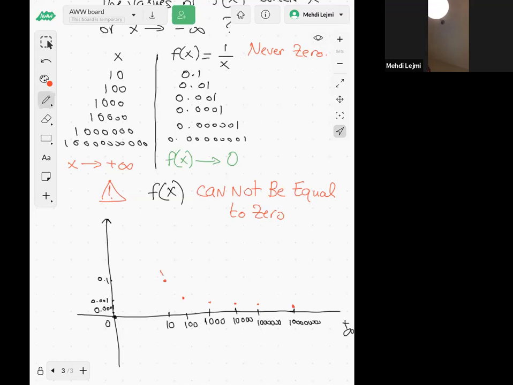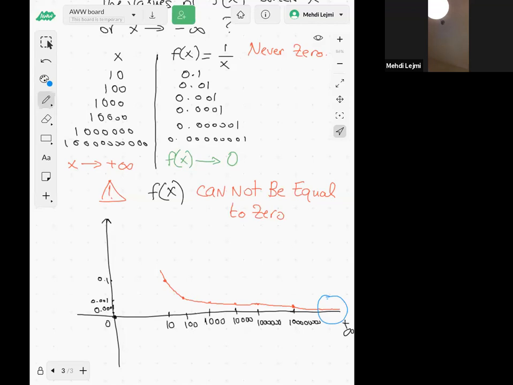So the graph is going to get close to the x-axis, because the values of the function are supposed to approach 0.